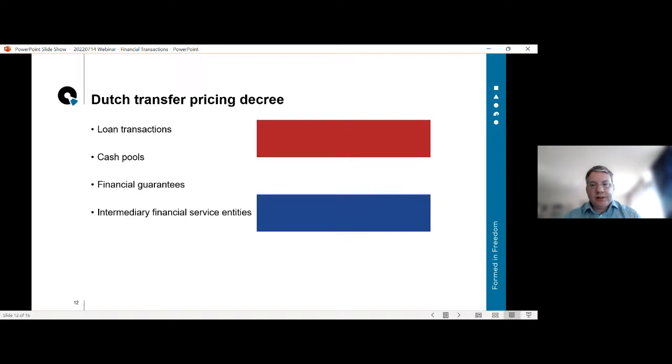The Dutch Ministry of Finance first of all mentions that the Netherlands will in principle follow the OECD guidelines in this respect. So what is mentioned in Chapter 10 of the OECD transfer pricing guidelines is in principle very relevant for Dutch practice.